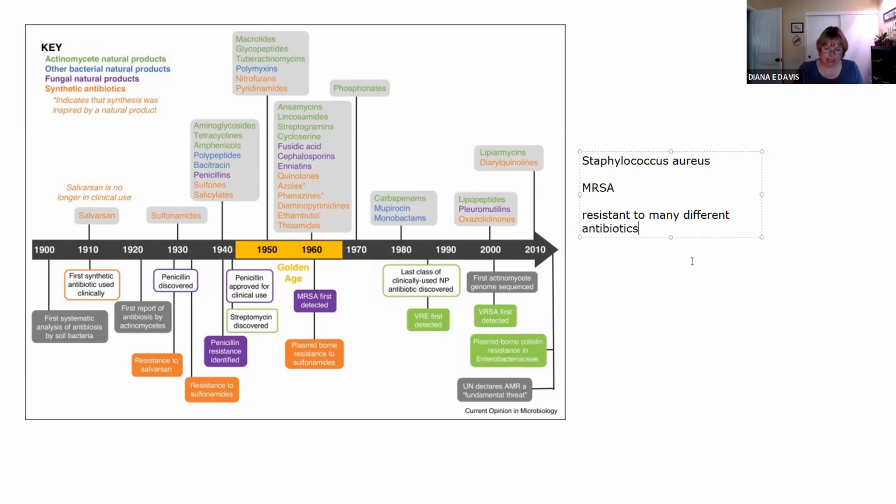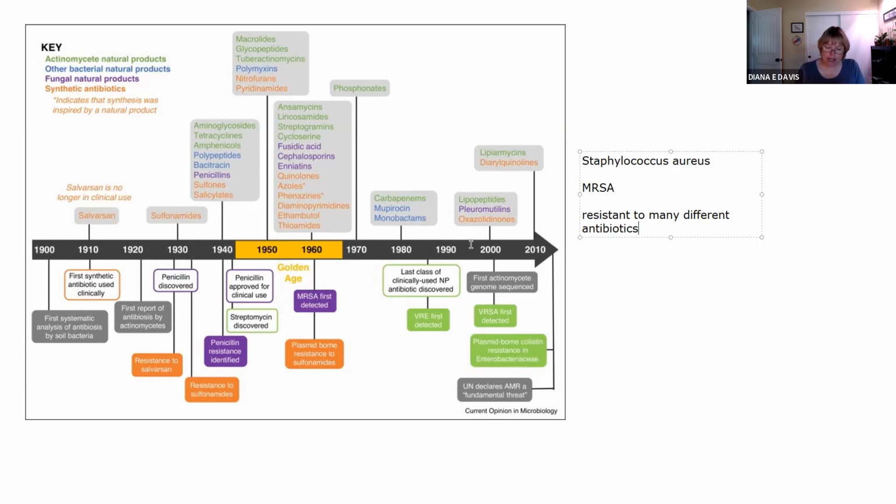So between the 1960s and about the year 2000, we didn't have a lot of new antibiotics, especially not new types of antibiotics being developed.